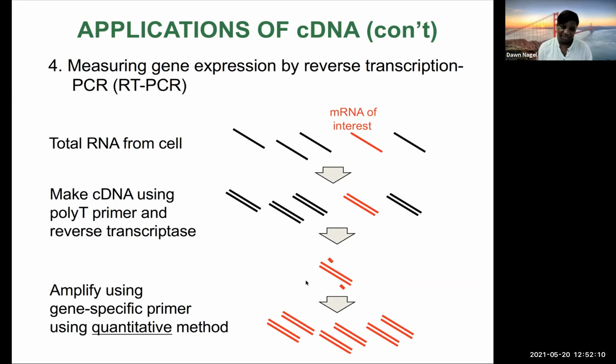This is a quantitative method, meaning you can tell how much, rather than other methods that are more qualitative, where you can visually look on a gel and say yes, it's there, no, it's not there. This method, quantitative reverse transcriptase PCR, is really powerful because you can tell how much RNA you have relative to the other RNAs within the cell.